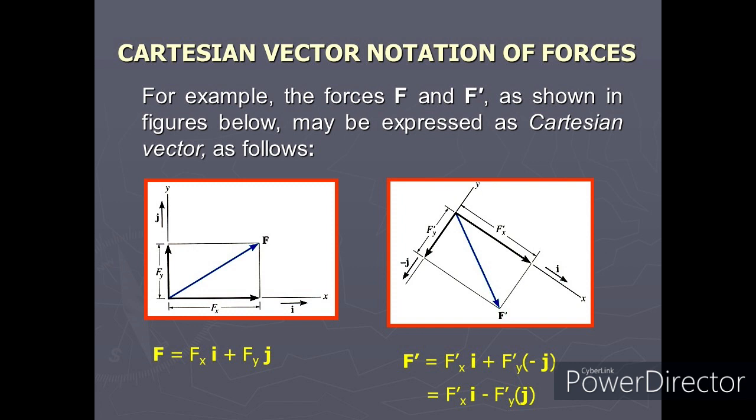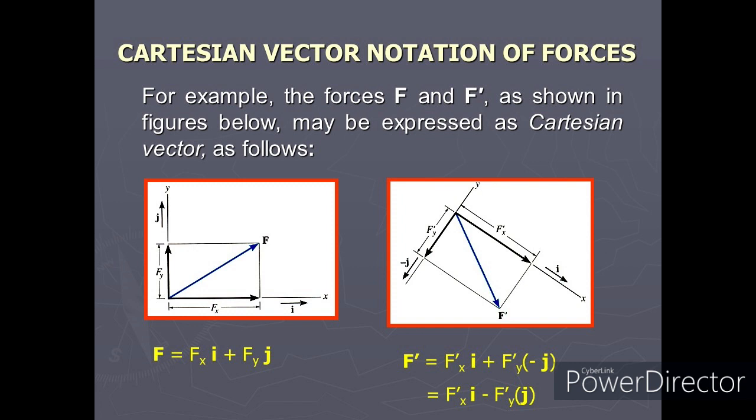Direction. Okay? The scalar component of Fx is what? Fx, which we defined before, right? Either using the angle as F cos theta or using the slope triangle, isn't it? So this is scalar. Then we need the direction, which is the direction of the x-axis, i. This is a vector.